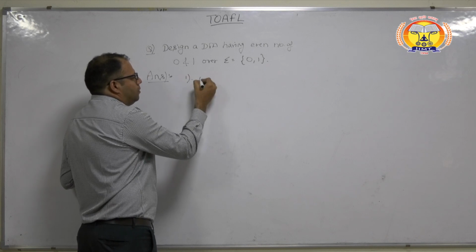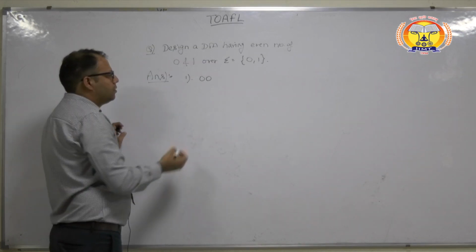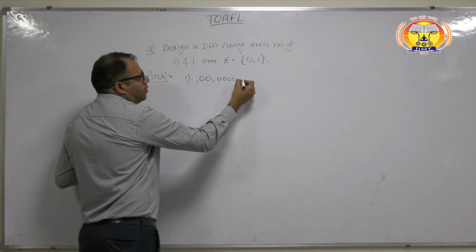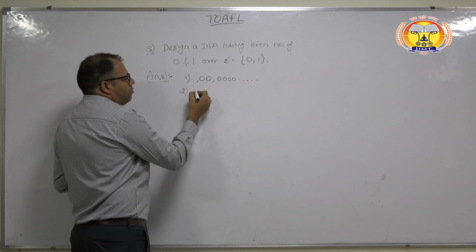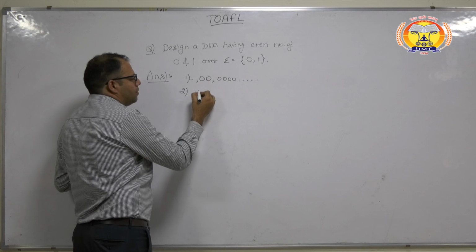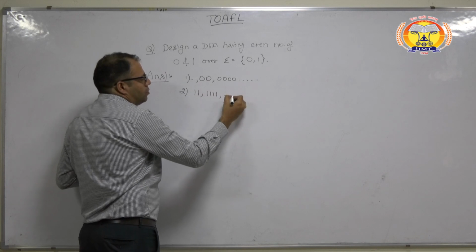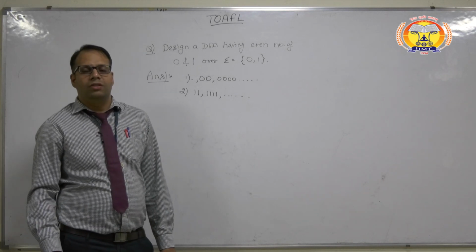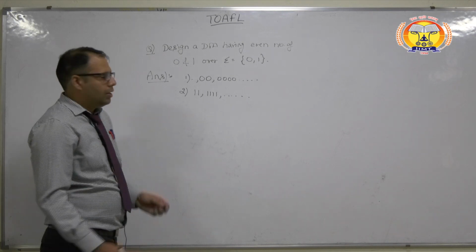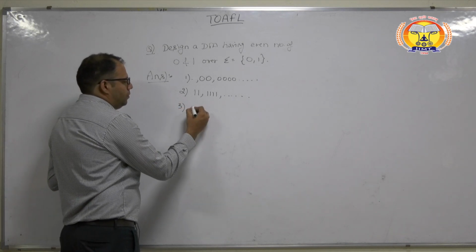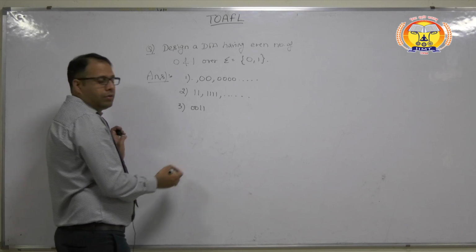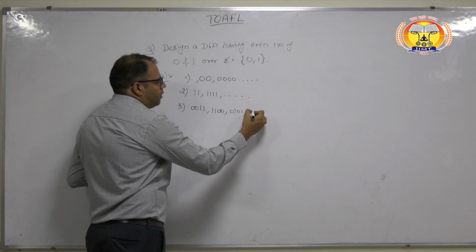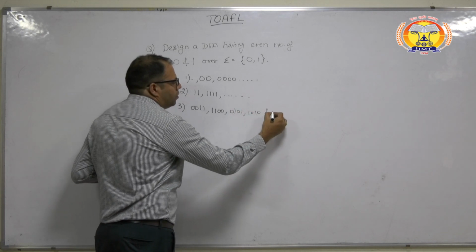First possibility: 0, 0 two times, or nothing, or four times, and so on. 1, 1 a single time, multiple times, and so on. But there are many possibilities through which we can get combinations of both 0 and 1, like 0 0 1 1, 1 1 0 0, 0 1 0 1, 1 0 1 0 and so on.